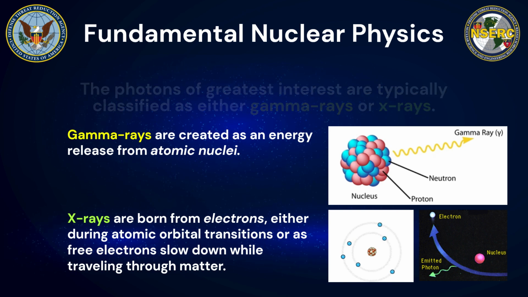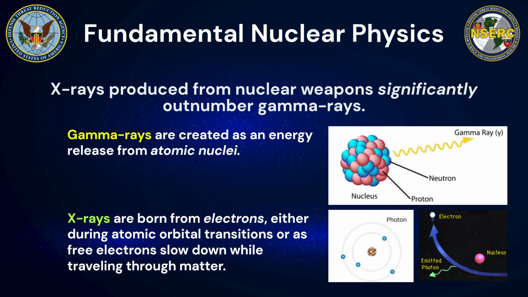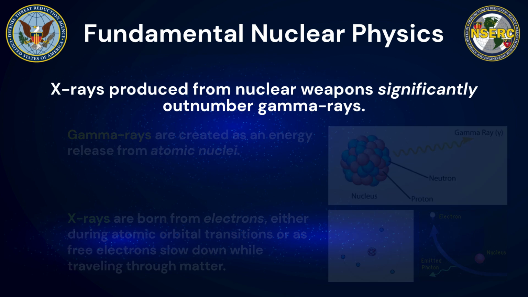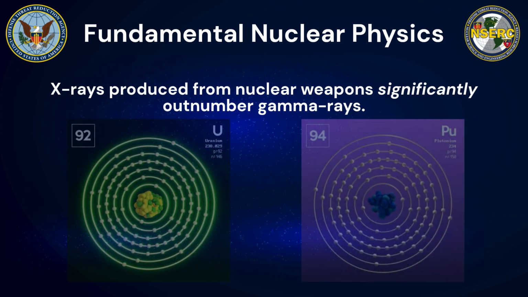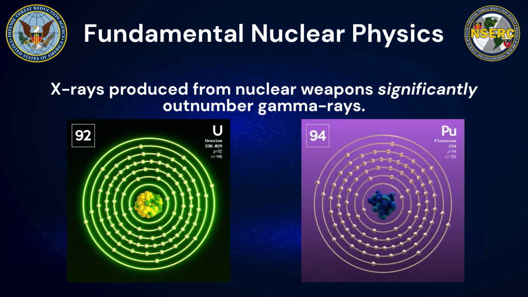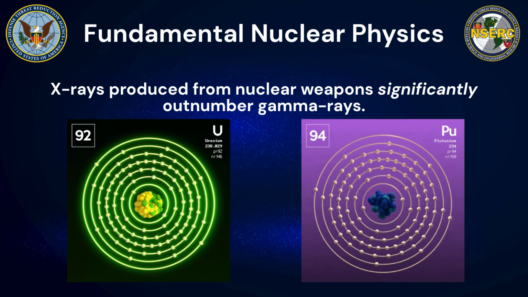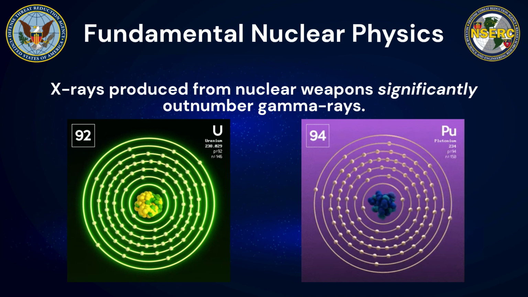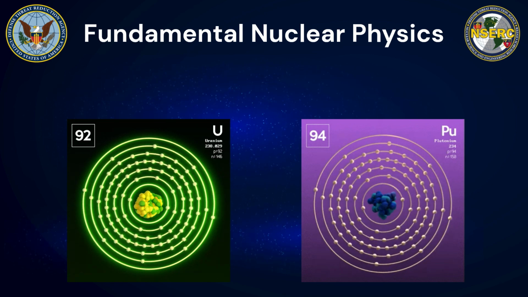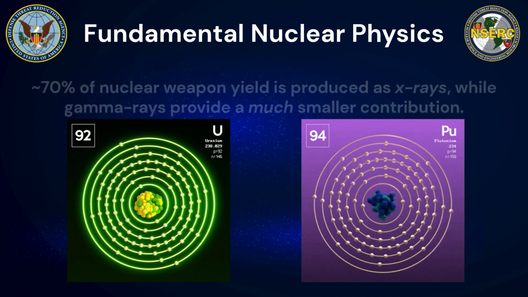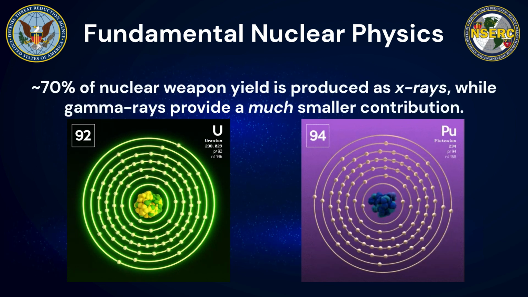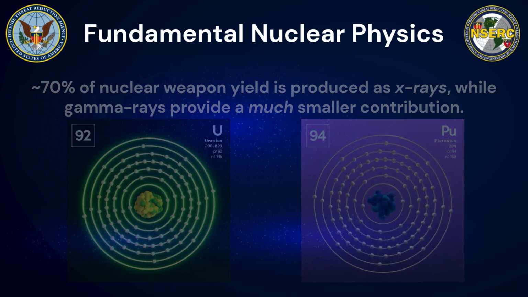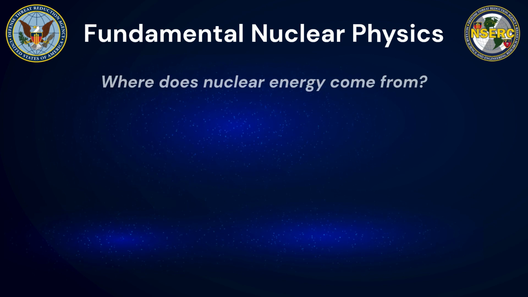However, X-rays are produced from nuclear weapons in significantly greater numbers than gamma rays, which is partly due to the sheer number of electrons present in nuclear weapon fuel relative to nuclei. This makes sense when you consider that each uranium atom has 92 electrons per nucleus, and each plutonium atom has 94. In fact, as future videos in this series will describe, roughly 70% of a nuclear weapon's yield is produced as X-rays. But where does all that nuclear energy come from?